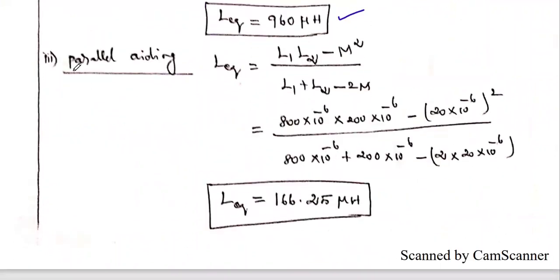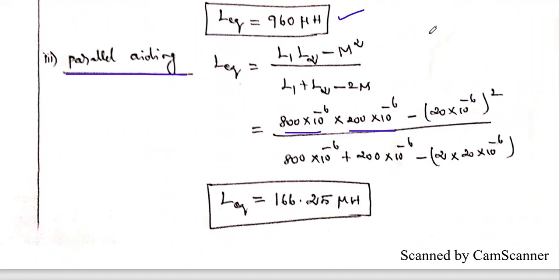Then the third one, parallel aiding. If the two coils are connected in parallel aiding, the L equivalent is equal to L1 L2 minus M squared by L1 plus L2 minus 2M. This is the formula. You just substitute: 800 micro into 200 micro minus M squared, so 20 into 10 to the power minus 6 to the whole square.